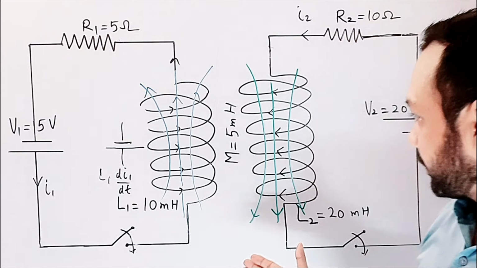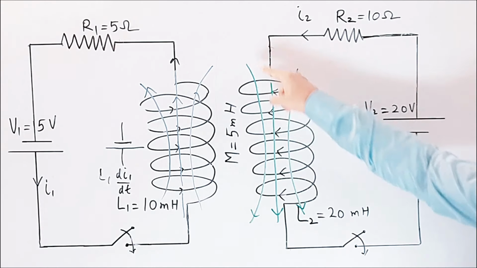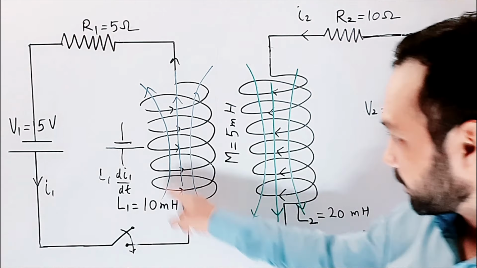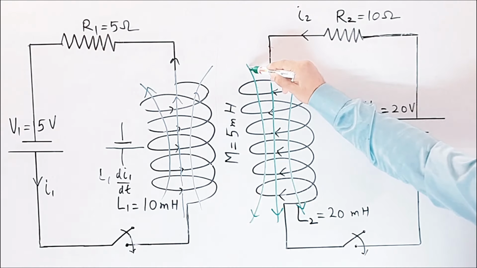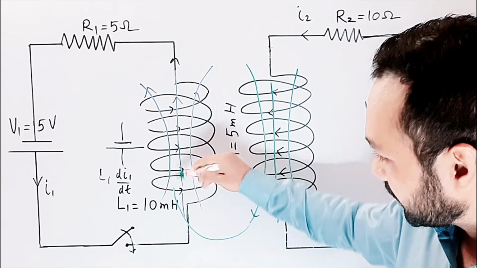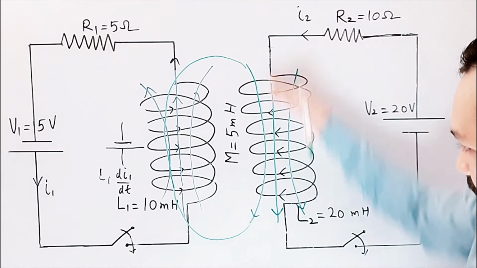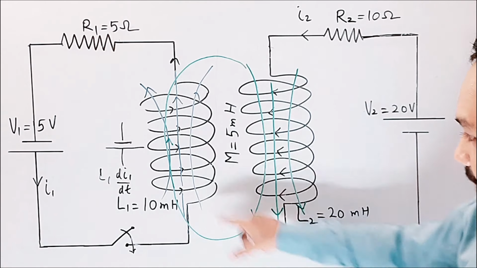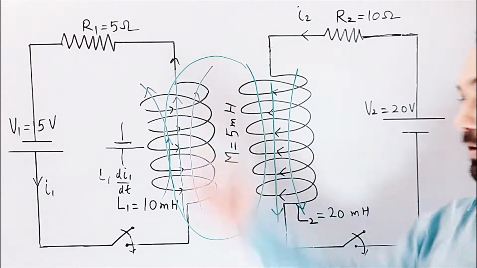And there is also some induced EMF coming from the current of the other coil, creating a magnetic field that is entering into this coil. See, the circulation of this magnetic field is like this, and it will go and make a turn like this, and you can see it was downward here and it is upward here. So this magnetic field line is also increasing the flux.